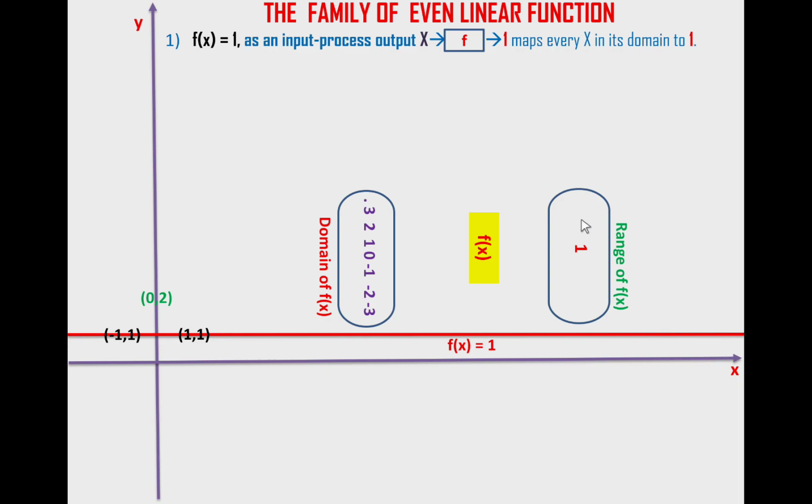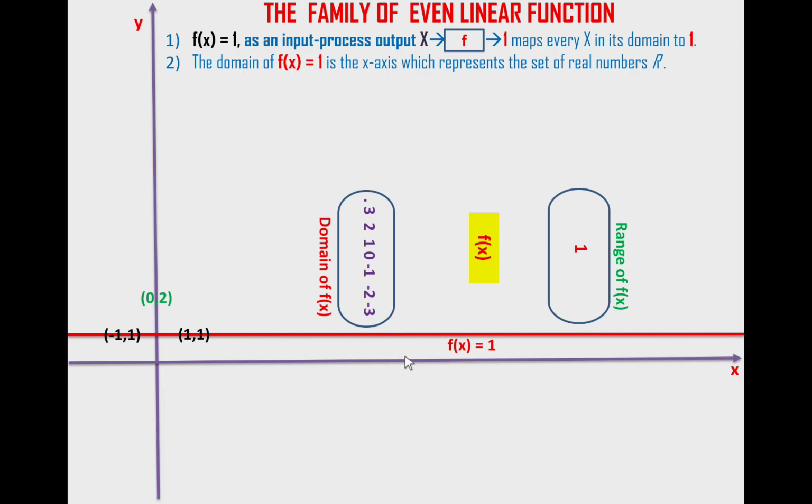The next point is we're going to define the domain. The domain of f of x equals 1 is the x-axis. f of x equals 1 implies that the parameter of the function f comes from the x-axis.